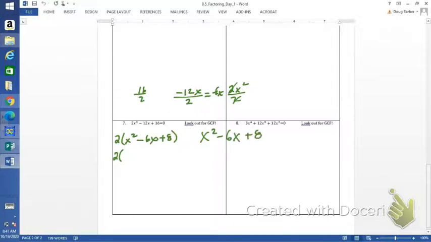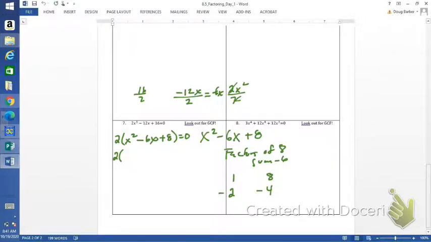We're going to factor that. So we're looking for factors of 8 that sum to negative 6. So 1 times 8, 2 times 4. Alright, now they have to sum to negative 6.